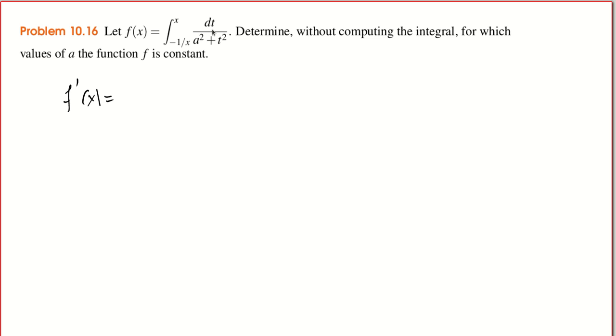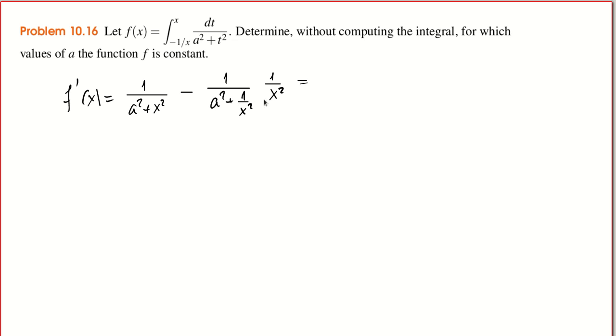So first we evaluate the integrand at the upper limit, that's 1 over a squared plus x squared, multiplied by the derivative of the upper limit, which is 1, and then subtract the integrand evaluated at the lower limit, which is 1 over a squared plus 1 over x squared, right? Multiplying by the derivative of the lower limit, which is 1 over x squared.